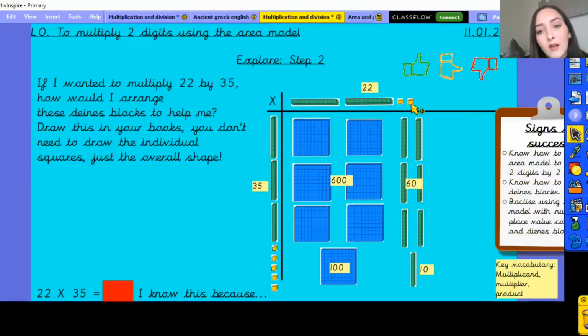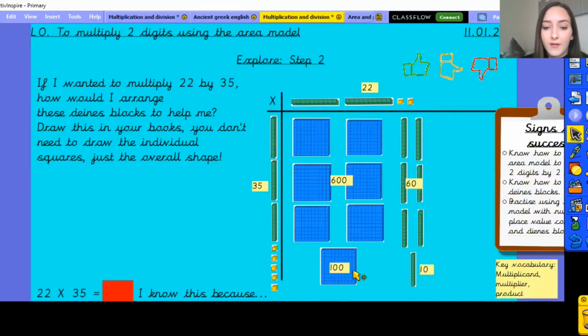But I still have 2 here, so I need to multiply my 30 by 2 to get 60. And now we need to do the next part. So I've got 5 ones and 2 tens. So 5 times 20 is 100. And 5 times 2 is 10. So it's quite confusing, but I've broken it down to try and work out the multiplication 22 times 35.